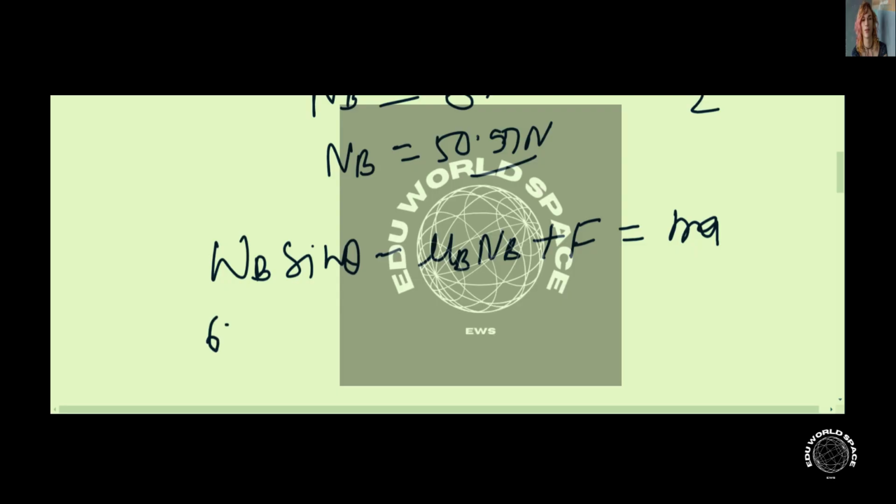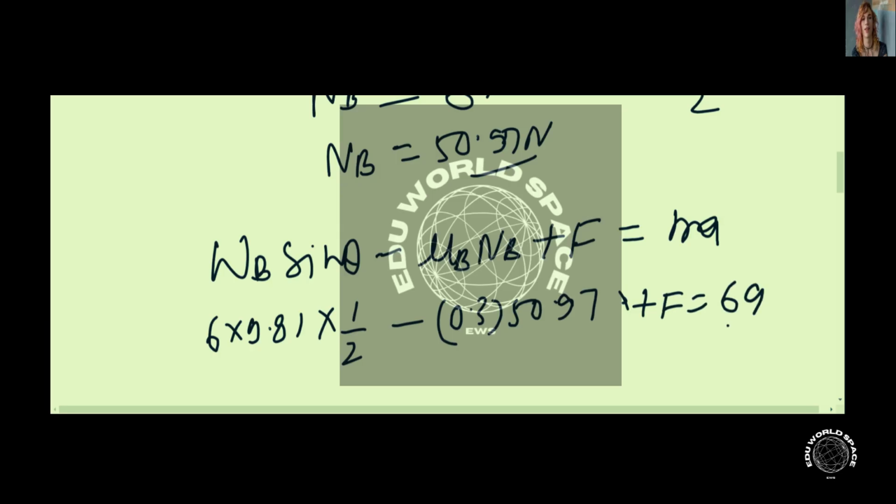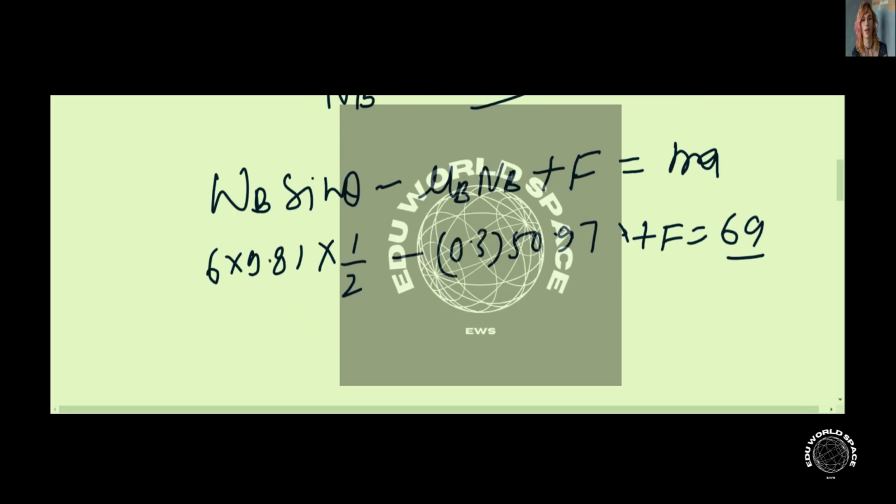This is 6 into 9.81 into sine theta, which is 1 upon 2, minus mu B, which is 0.3 as given, into the normal we calculated, 50.97, plus F, equals the mass, 6 kg, into a. This becomes 14.414 plus F equals 6a. This is equation 2.